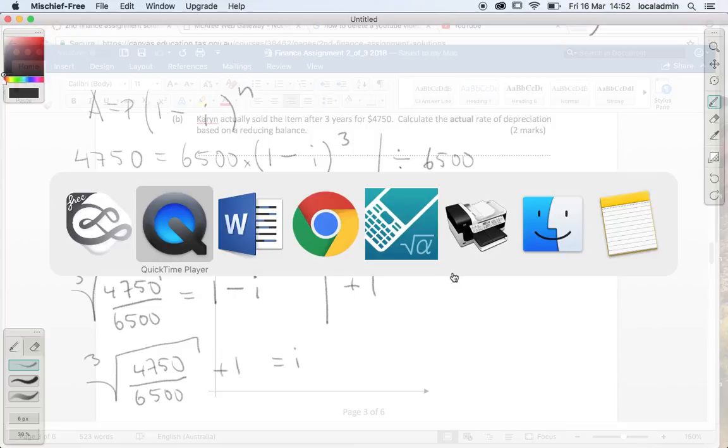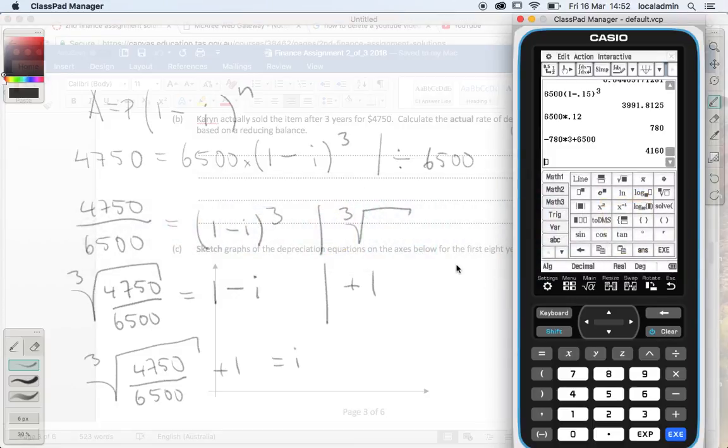And now let's just see what our calculator says. So we use that symbol, the third root of, use our fraction symbol there, 4,750 over 6,500. And we need to be out of that root, and then we add our 1.